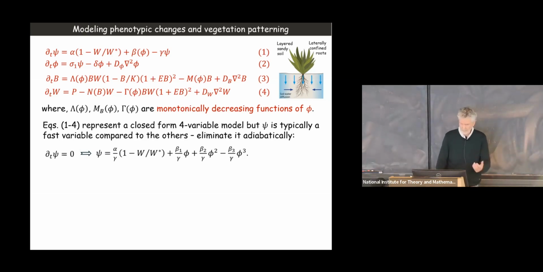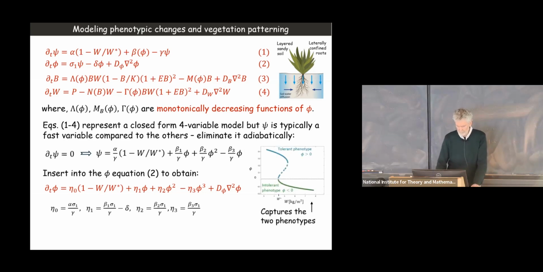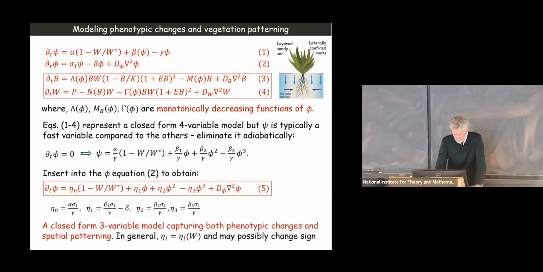So we can eliminate it adiabatically, set the time derivative to 0, solve for psi in terms of phi and W, plug it in the equation for phi, and get this equation for the phenotypic change, which captures the two phenotypes, negative branch for the intolerant one and positive branch for the tolerant phenotype. So now we have a closed form 3-variable model capturing both phenotypic changes and spatial patterning.